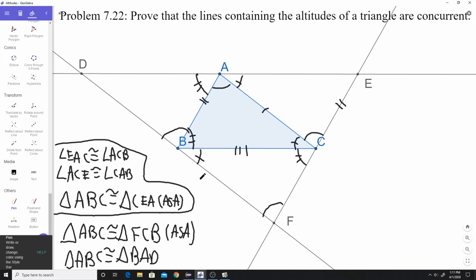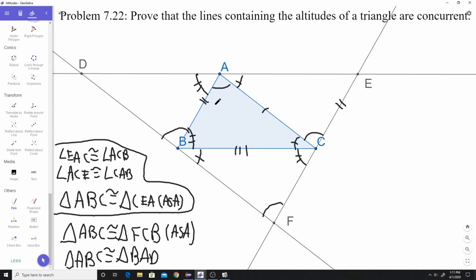Alright, now I need to show that, now that I have all these triangle congruences, what does that show me? Well, I showed that EC is the two tick mark side because it corresponds with AB. Now, in triangle BCF, CF is the side that contains the angle with two tick marks and the angle with no tick marks.